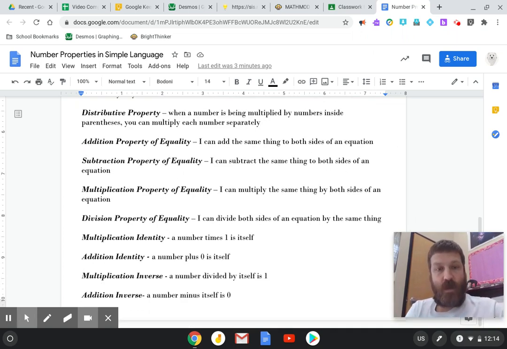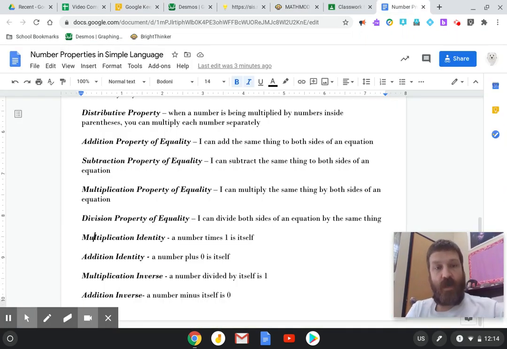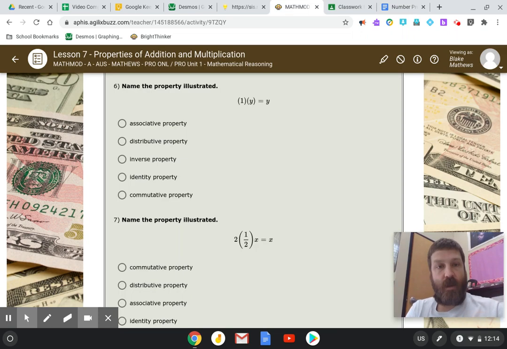And I look down here, a number times 1 is itself. I think that is going to be our answer, and that was the multiplication identity. So we go back and identity property. That's all you got to do. So you need to just use those descriptions of those properties to decide what's happening when I do this particular thing, the specific example of those properties.